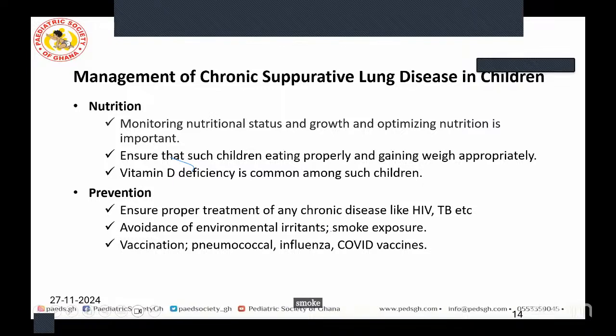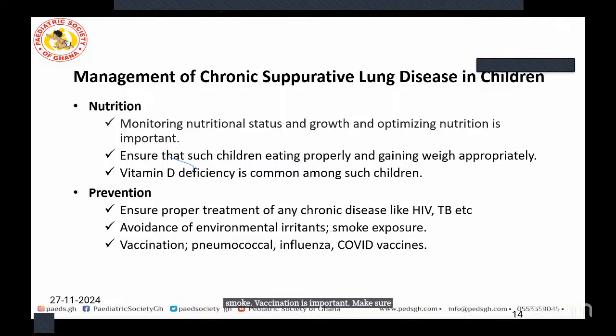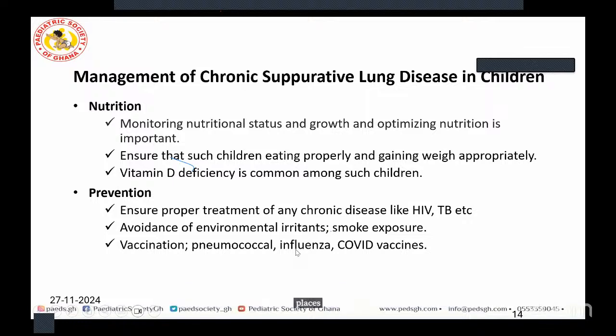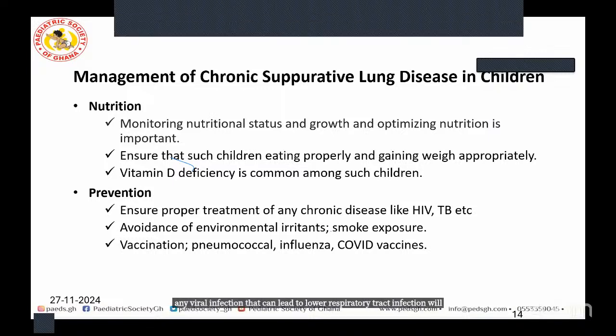Vaccination is important. Make sure that they are up to date with their vaccinations. In places where there are influenza vaccines, it will be good for them to get them, and COVID vaccines in the present times are also good, because any viral infection that can lead to lower respiratory tract infection will exacerbate their symptoms.